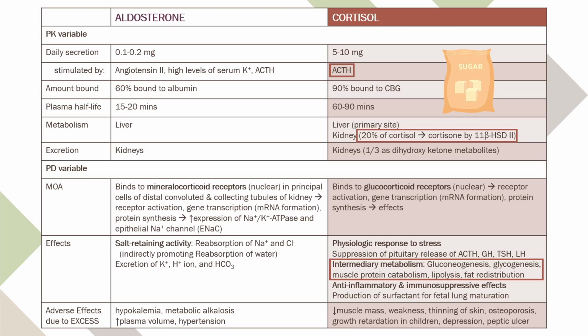Excess cortisol will lead to decrease in muscle mass due to excessive breakdown of muscle protein. In general, excessive catabolism weakens not just the muscle, but also the skin, the bone, and impairs the growth in children. There are many other toxic effects that will be discussed later in detail.